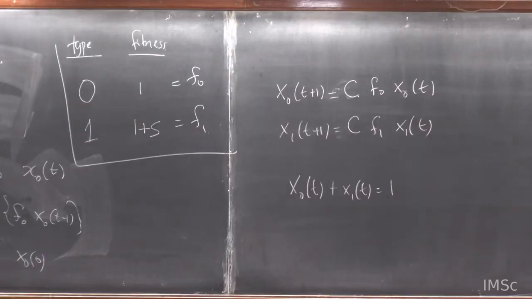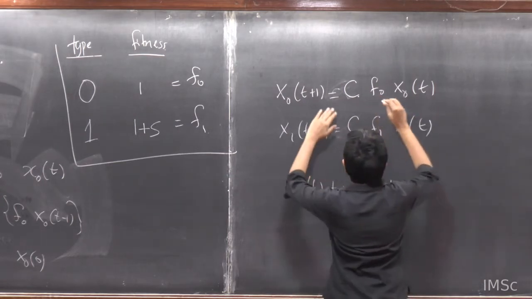Now this is elementary math. 1 by? No, do it carefully. 1 by f0 x0? Yeah, very good. Very nice.